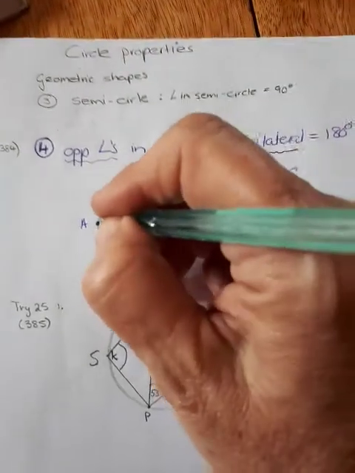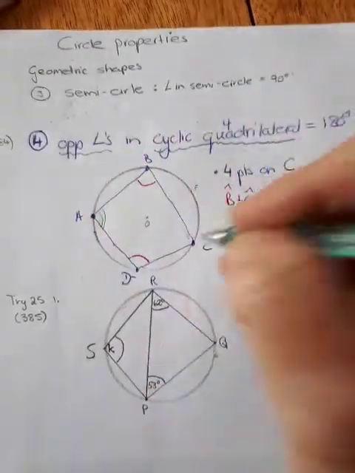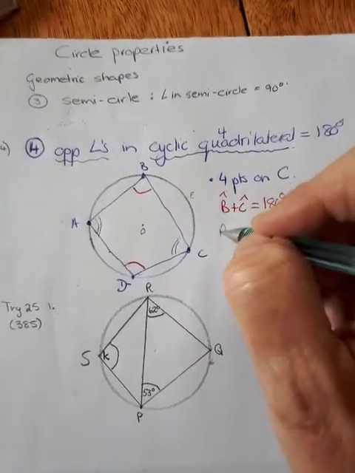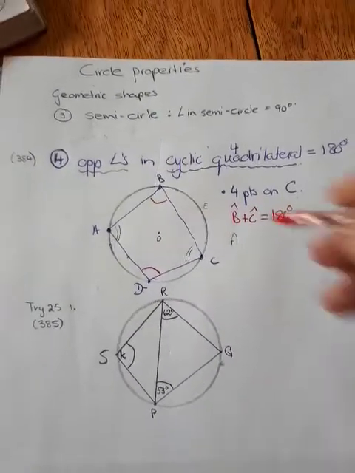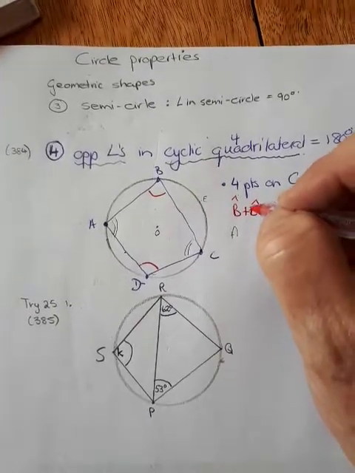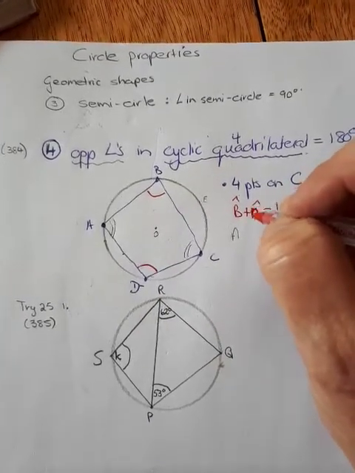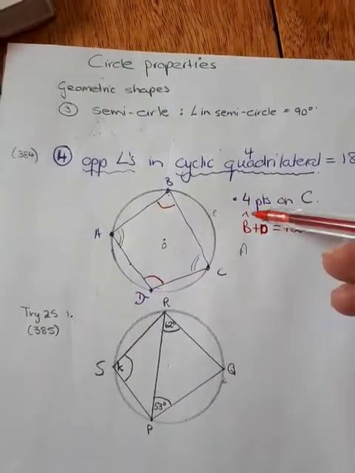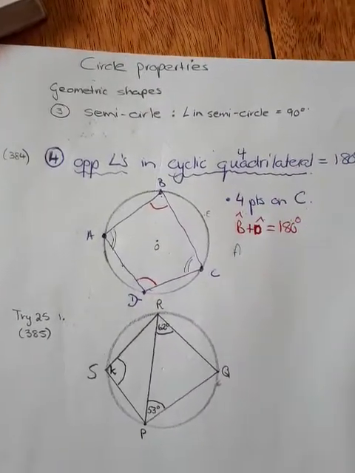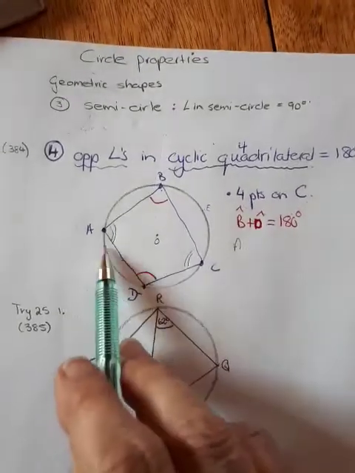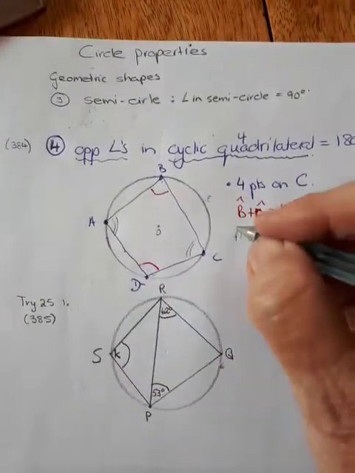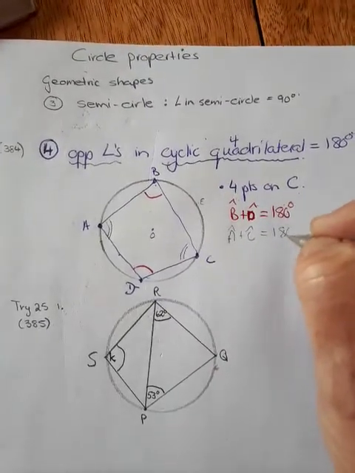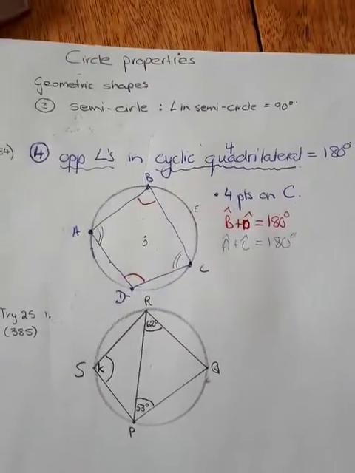As well as angle A being opposite angle C, therefore, I did that wrong. This must be D. Okay, sorry, that's angle B and D, which are opposite. Okay, so B plus D equals 180. And then the other pair of opposite angles is angle A plus angle C, and those are also 180 degrees.